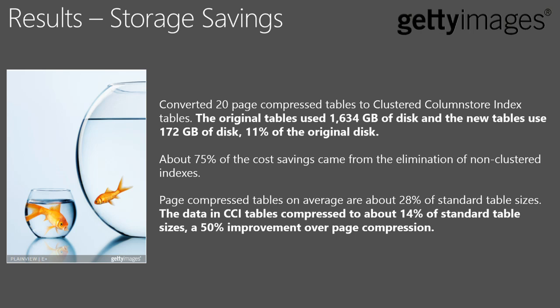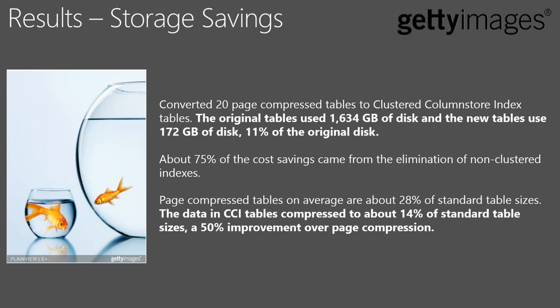Now that was a bit surprising. It was a theory we had, but we weren't really sure. One of the advantages of clustered column store indexes is basically each column is indexed, right? So you don't need lots of non-clustered indexes like we typically had in the data warehouse, which we needed as covering indexes for common queries.